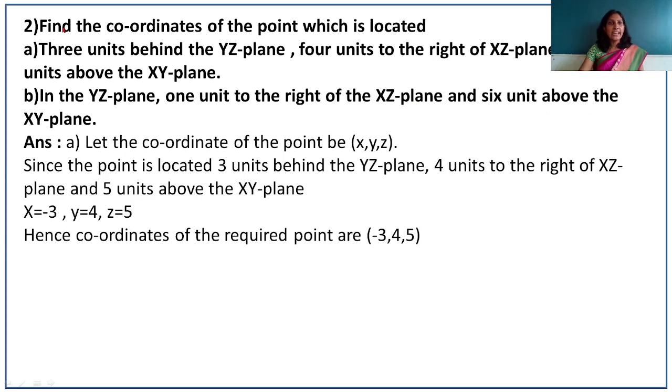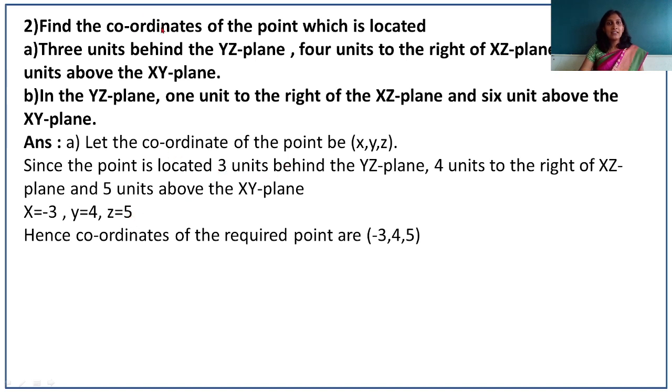So solution of A. Let the coordinate of the point be x, y, z. Since the point is located 3 units behind the YZ plane, 4 units to the right of the XZ plane, and 5 units above the XY plane, that means x is equal to -3, y is equal to 4, and z is equal to 5.